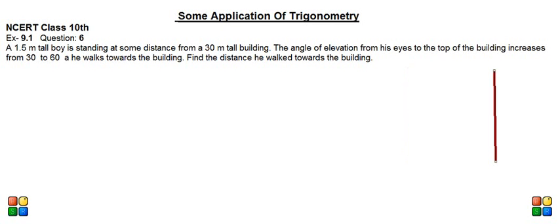Then there is a person whose height is 1.5 meters, standing in front of the building.